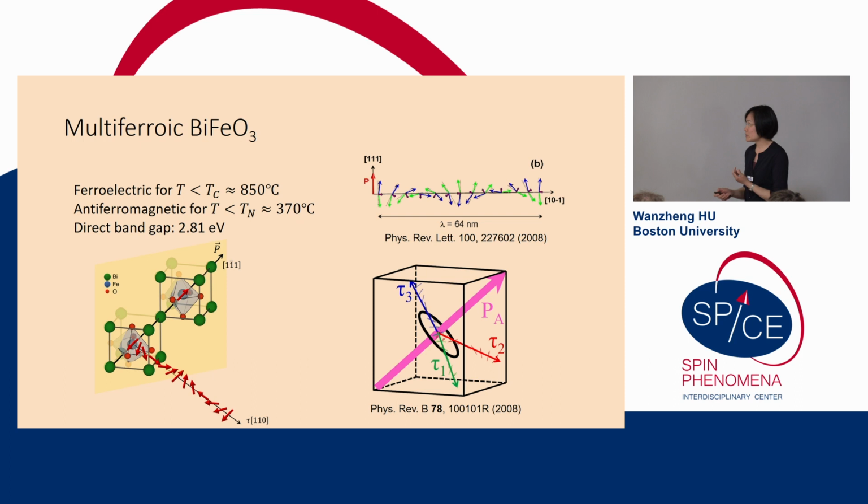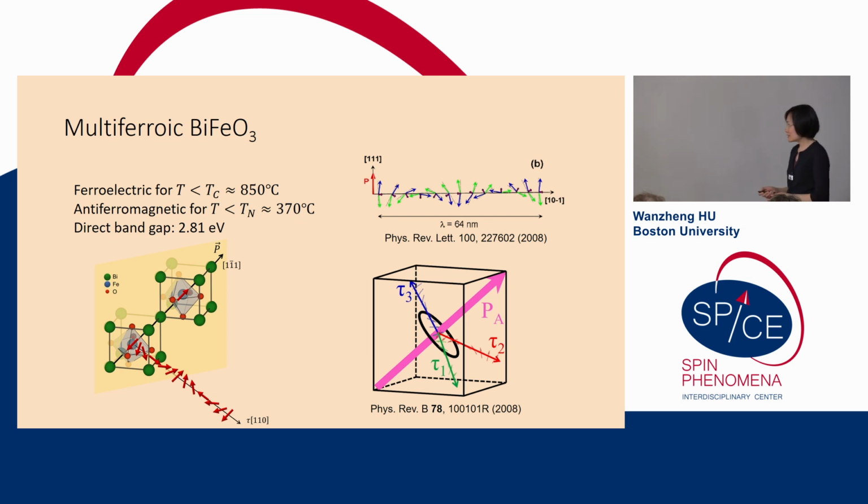This is rhombohedral, and it has 3 mirror planes. Along one of the directions of this mirror plane orientation, this canted spin actually rotates. So it has a very long-range cycloid, with a spin period of 62 nanometers.